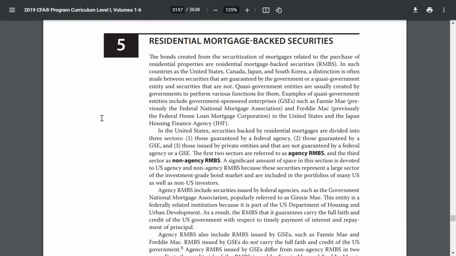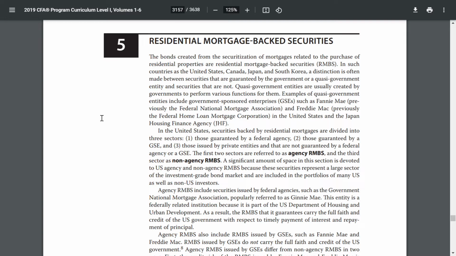Residential mortgage-backed securities, the bonds created from the securitization of mortgages related to the purchase of residential properties, are residential mortgage-backed securities, or RMBS. In such countries as the U.S., Canada, Japan, and South Korea, a distinction is often made between securities that are guaranteed by the government or a quasi-government entity and securities that are not.